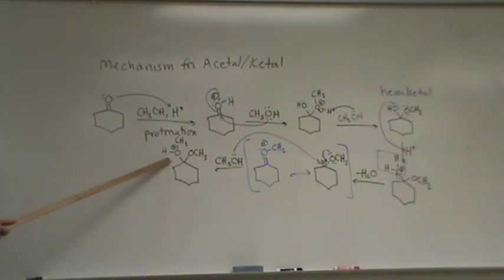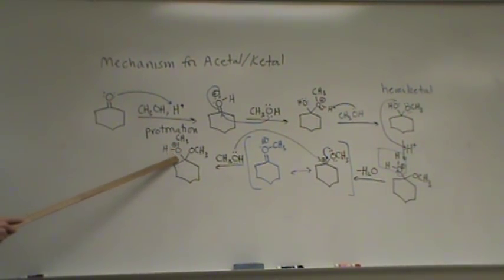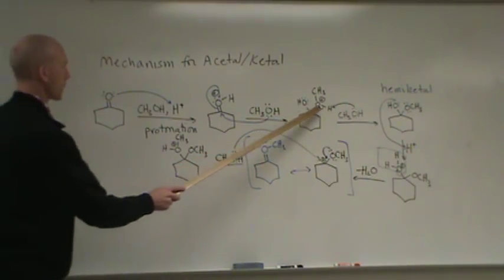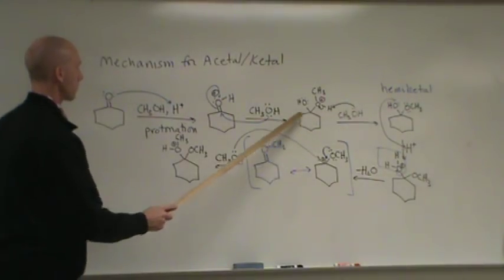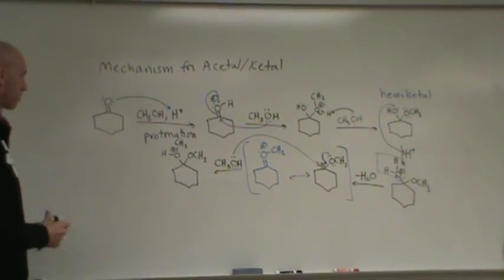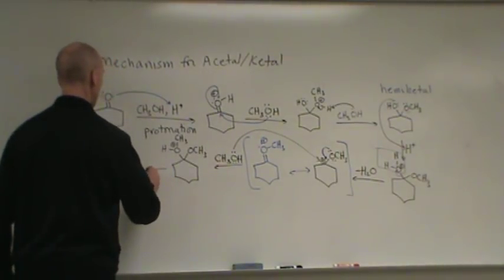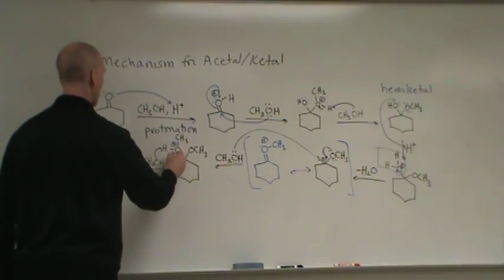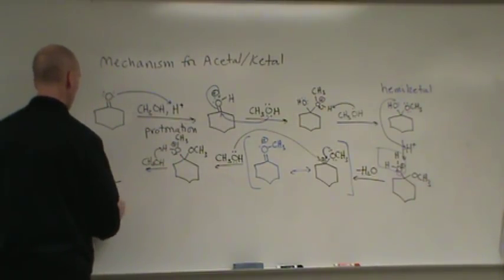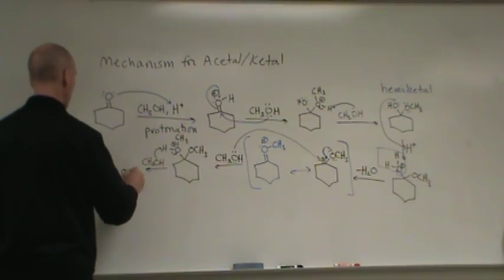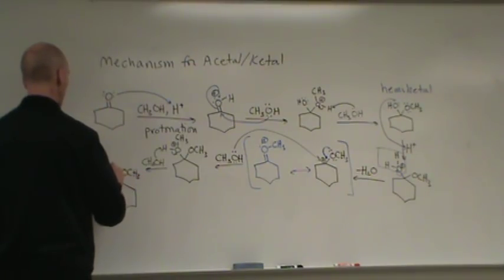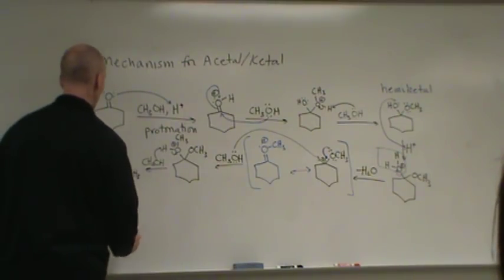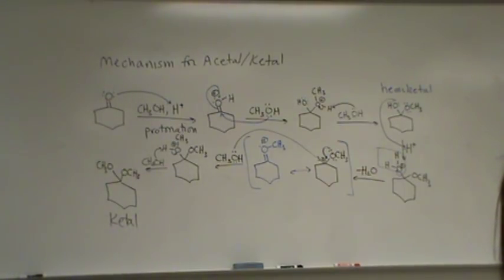And if you note on this one, we have a hydrogen on oxygen with a positive charge. So this hydrogen is now acidic, just like that one was. So we can remove it with base and get our final product, which here is the ketal.